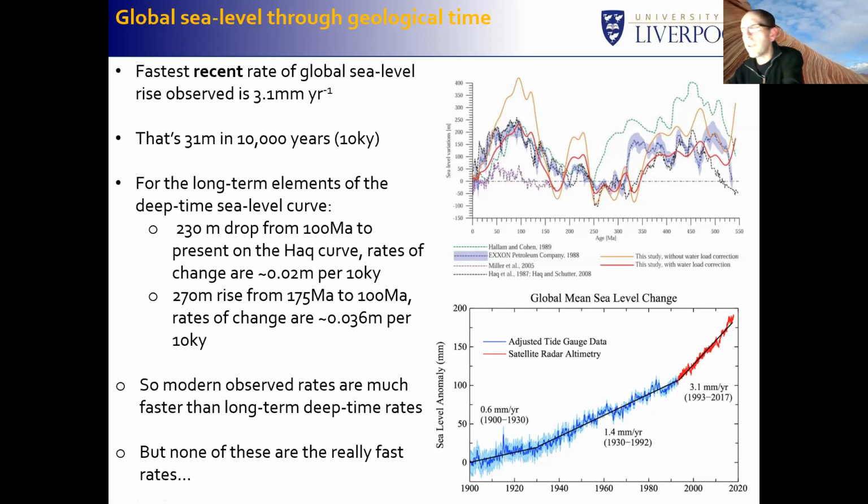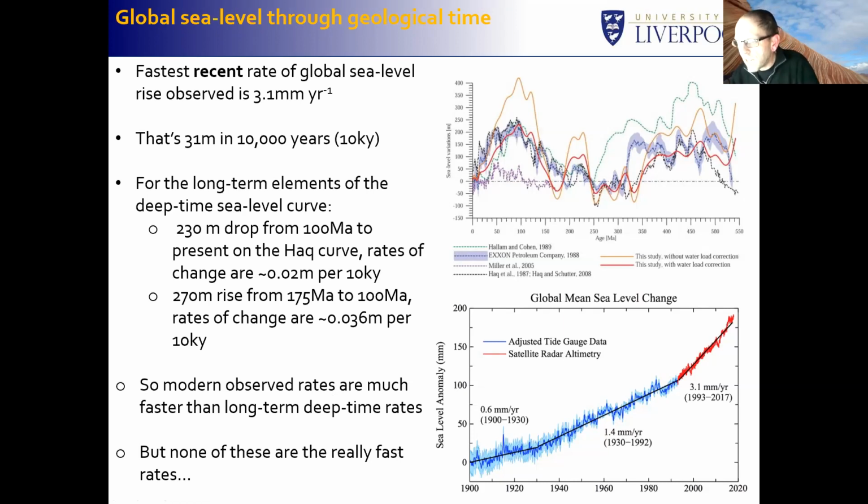But remember, they're actually quite uncertain, right? So modern observed rates are much faster than the long-term deep time rates, so far as we can tell. Okay, and there's some uncertainty, so maybe that view will change slightly, but I doubt it'll change substantially.